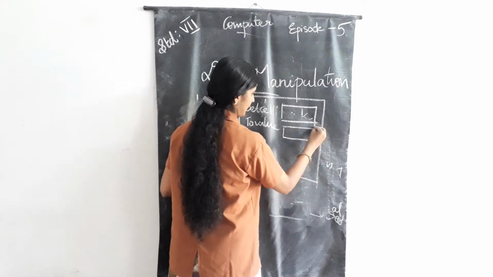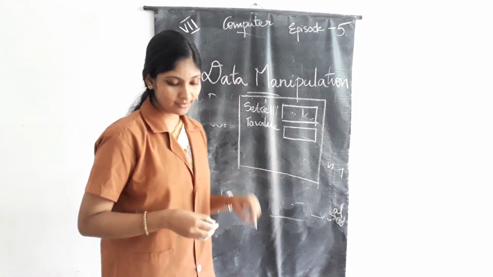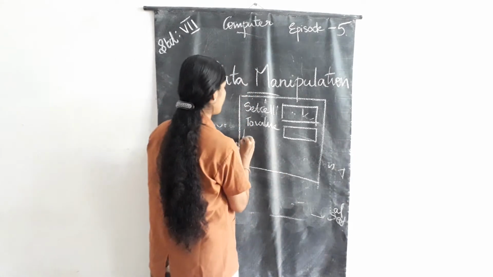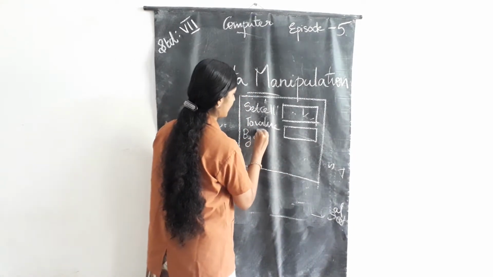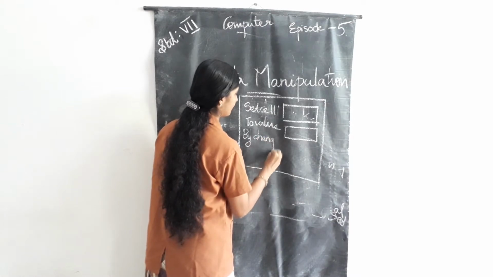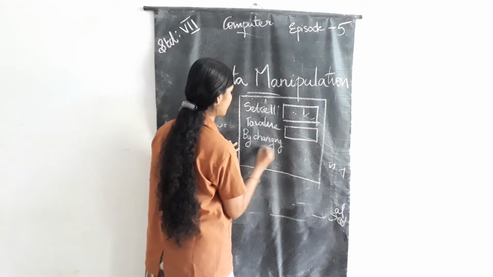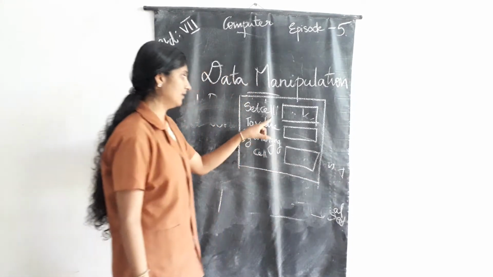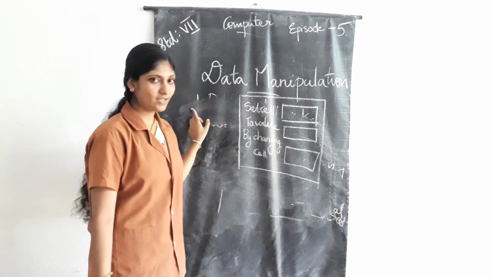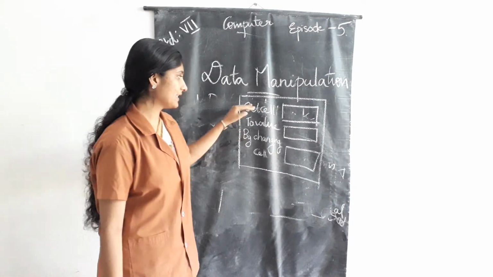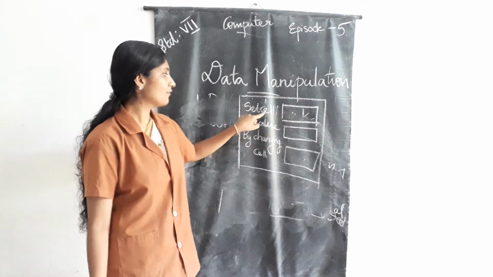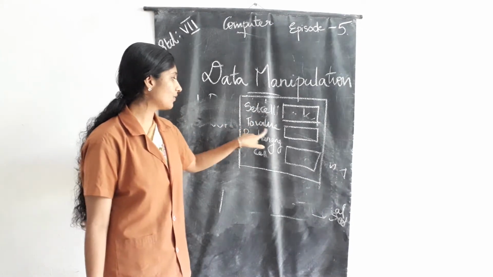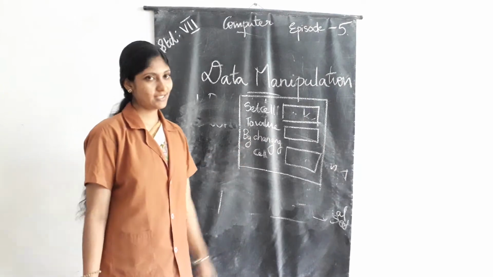It is also a text box. And third one, by changing cell. It also contains a text box. So when we click goal seek option, it contains three text boxes: set cell, to value, and by changing cell.